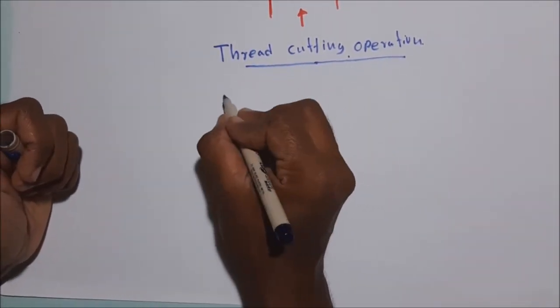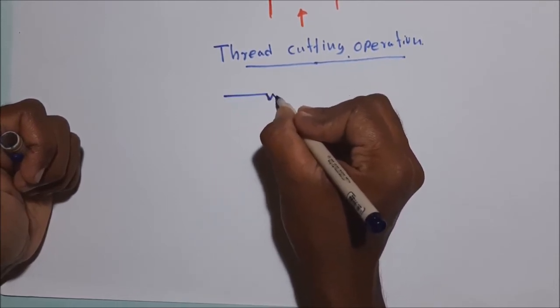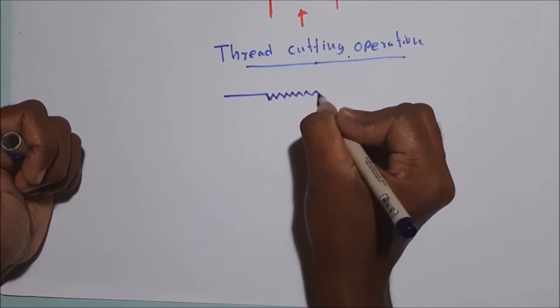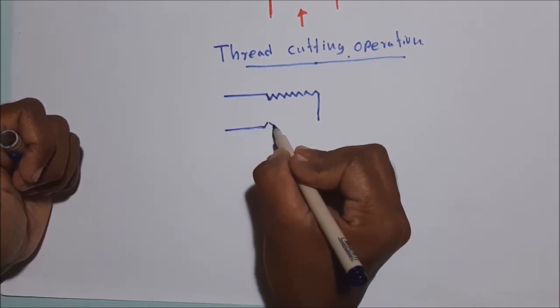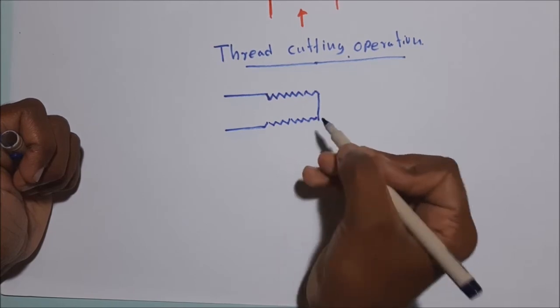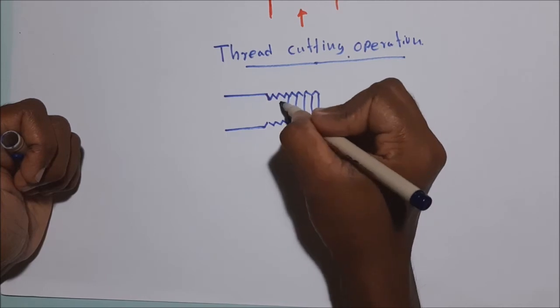Theoretically, the lathe machine can be used to cut any type of thread, but there are practical limitations depending on the type of lathe machine and its capacity. We have a separate section to discuss the thread cutting operation on lathe machines.